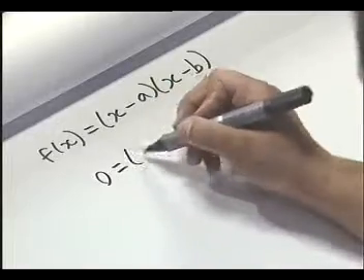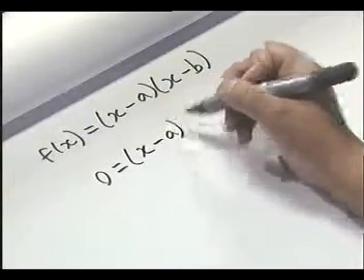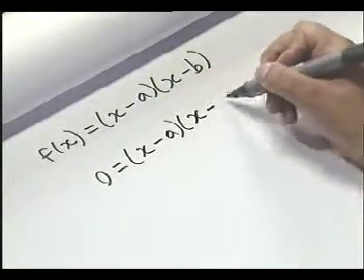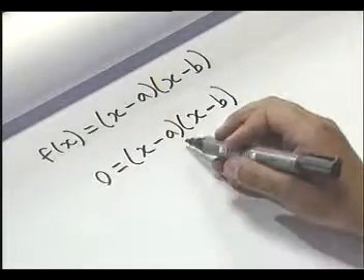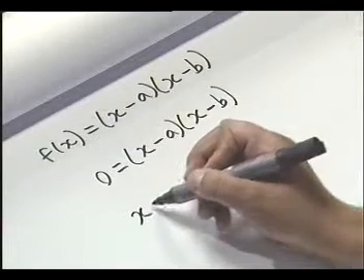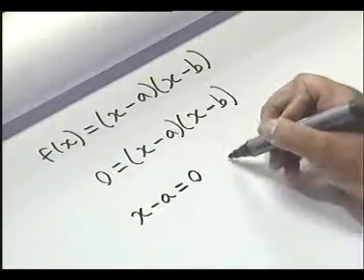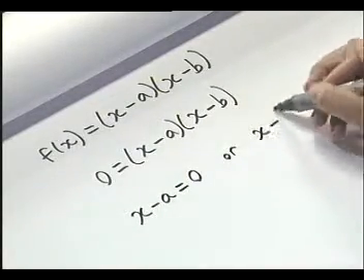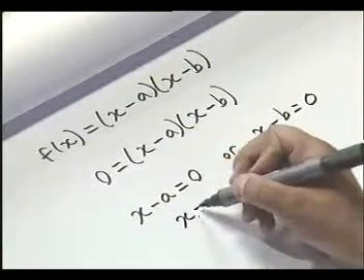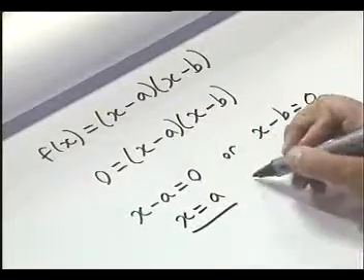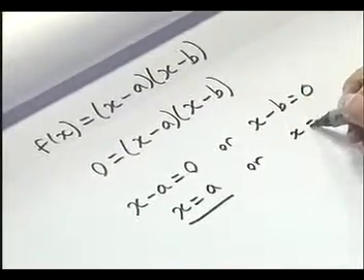So when f of x equals 0, we have 0 equals x minus a multiplied by x minus b. So either x minus a equals 0 or x minus b equals 0. So the roots must be x equals a or x equals b.